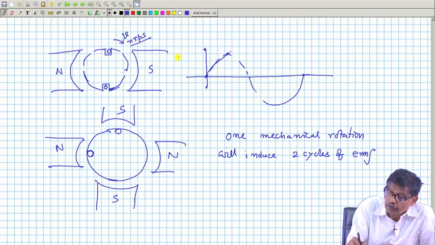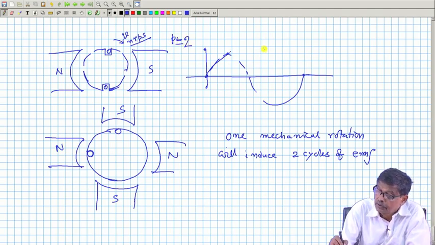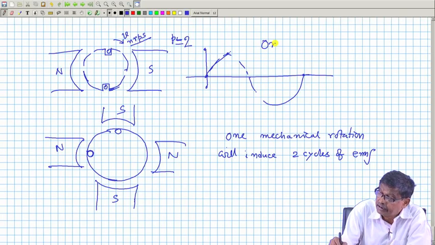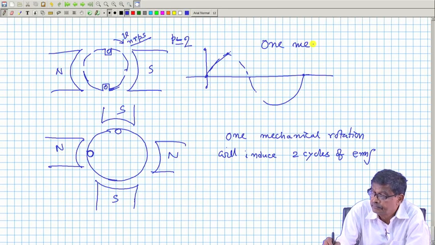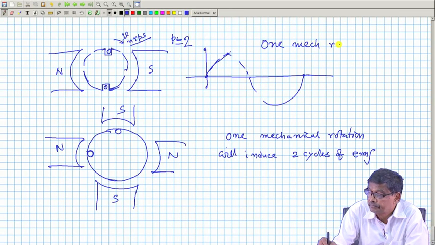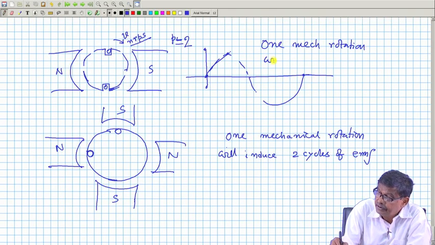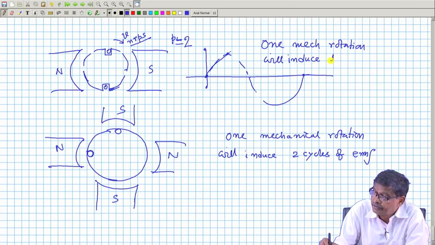Here in two pole configuration, one mechanical rotation will induce one cycle of EMF.